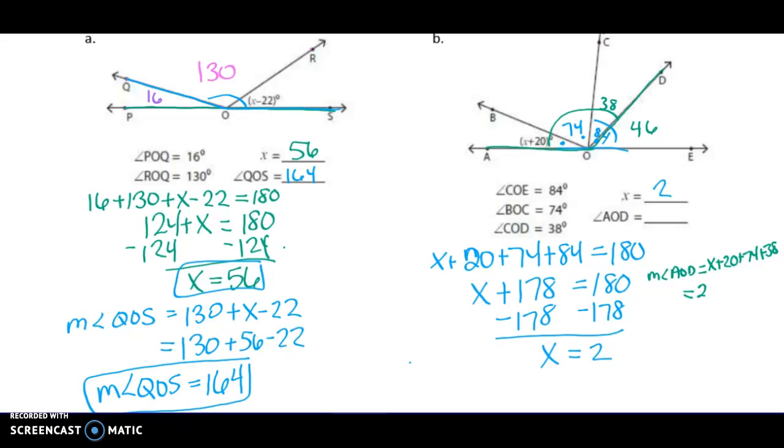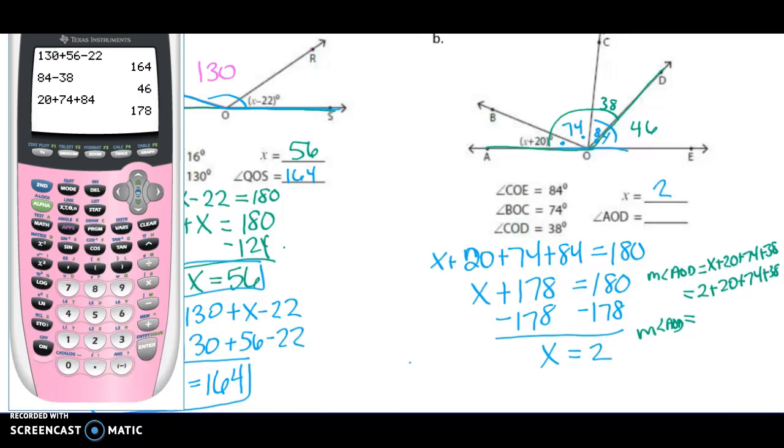But I know X is 2. So measured angle AOD is equal to what? Put it in our calculator. 134.